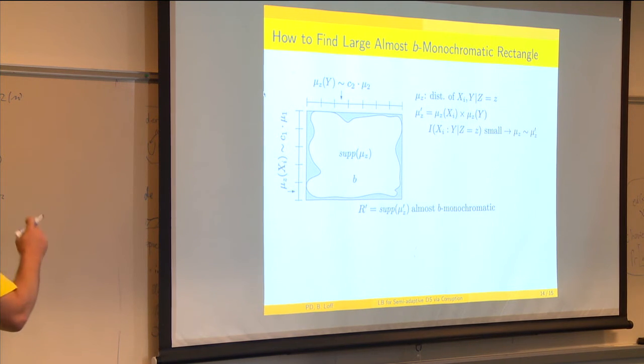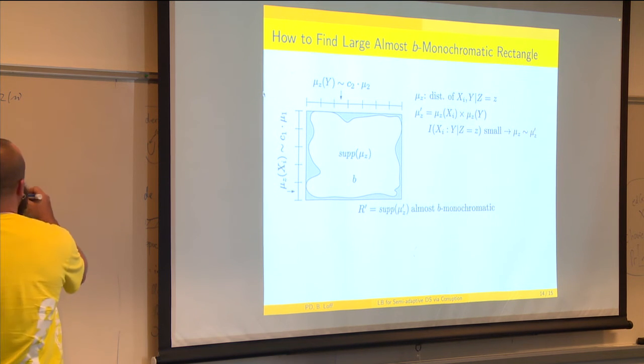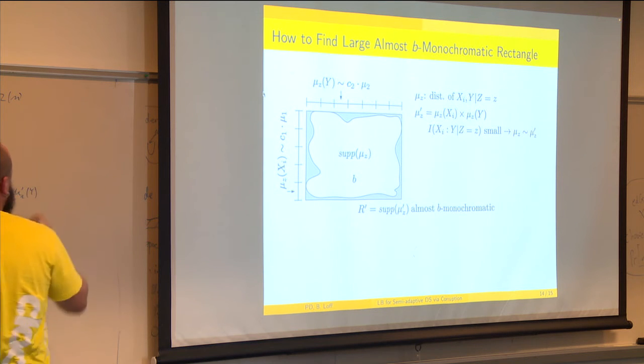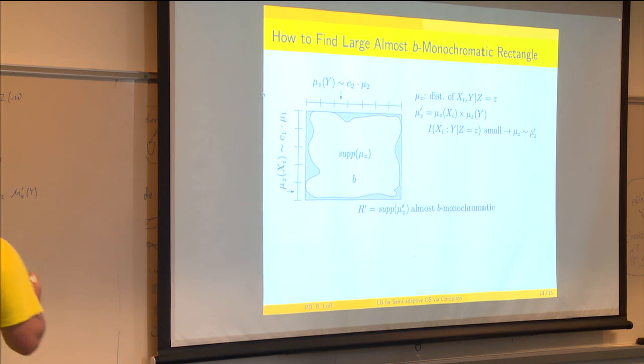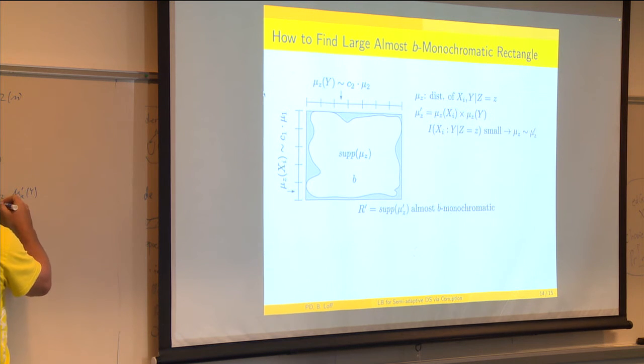So mu is our original distribution for which we want to prove the large corruption bound, and mu prime zy is this marginal distribution derived from the other one. And now for each element we compute this fraction, and we group into one bucket the elements whose fractions are very similar. Is it clear now? I think so.